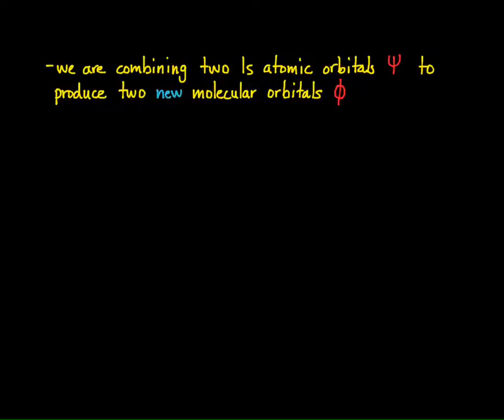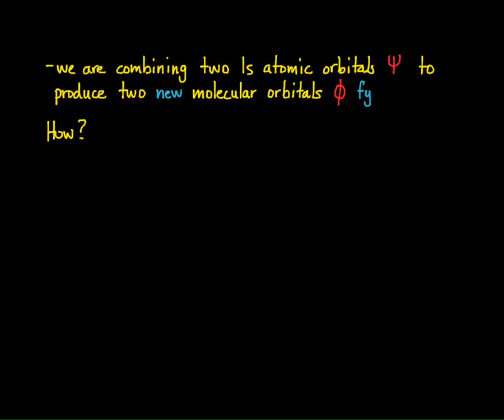Molecular orbitals we're going to denote as phi. Don't worry about the terminology too much. You're going to see some textbooks use psi all the time. Sometimes I'll use psi all the time. It's an arbitrary representation of orbitals, be they atomic orbitals or molecular orbitals. So the important feature is how this is taking place.